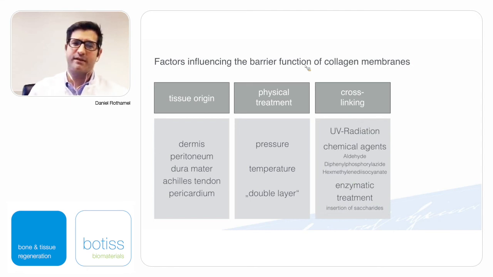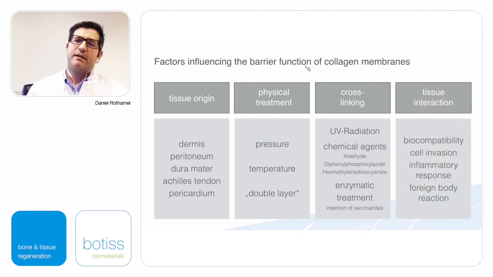Cross-linking was very popular 10 years ago. The use of chemical agents or enzymes for the cross-linking. We will focus on this. But another aspect that is also very important is the tissue interaction. High biocompatibility, that we want to have very nice tissue integration. The cell invasion is important.